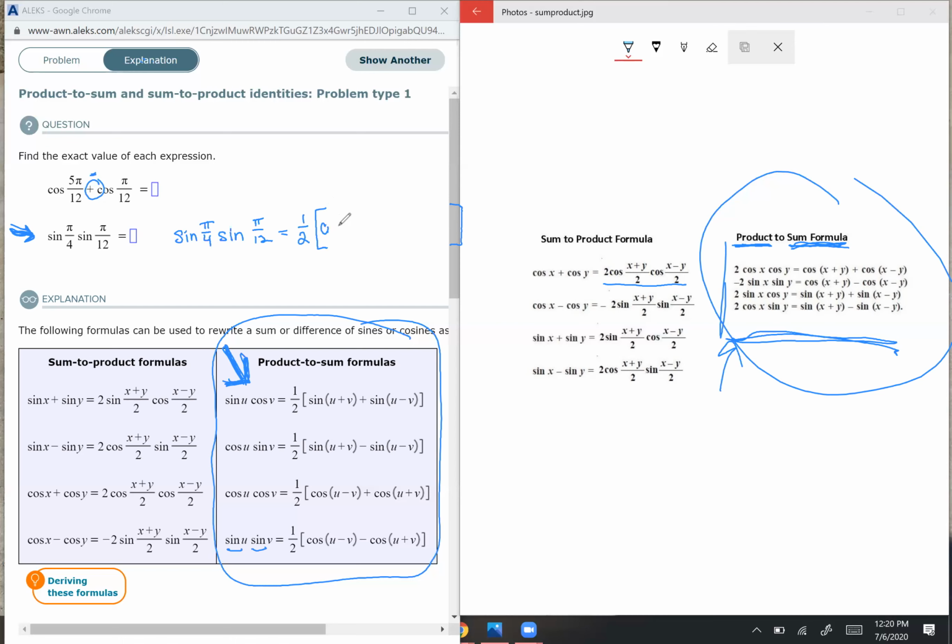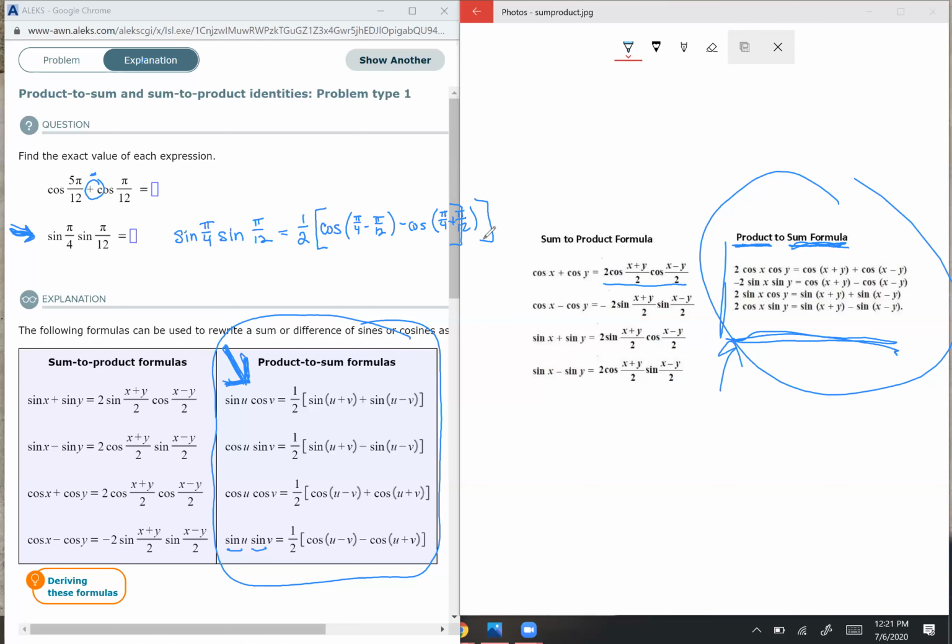It looks like we do cosine u minus v, or x minus y, however you want to say it. So pi over 4 minus pi over 12 minus cosine pi over 4 plus pi over 12. I'm running out of space, guys. Let's pretend that one bracket isn't there because I don't know how to erase it.